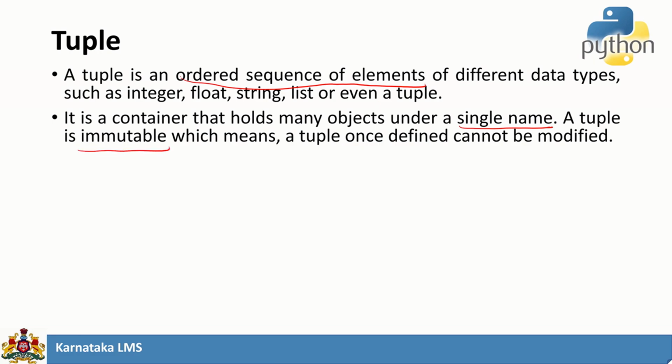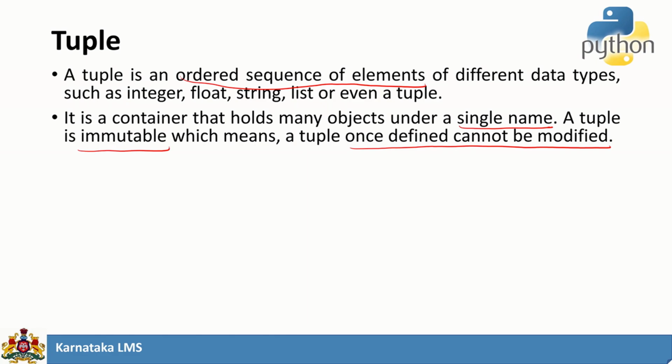When you say immutable, a tuple once defined cannot be modified. So tuple and list are one and the same, but in a list the elements are mutable. That is, you can change the values, you can modify the elements of the list, but tuples are immutable.